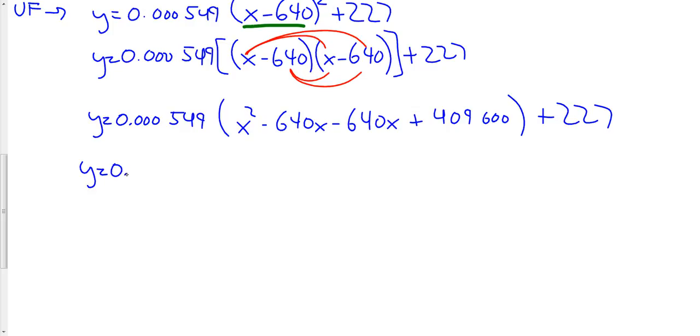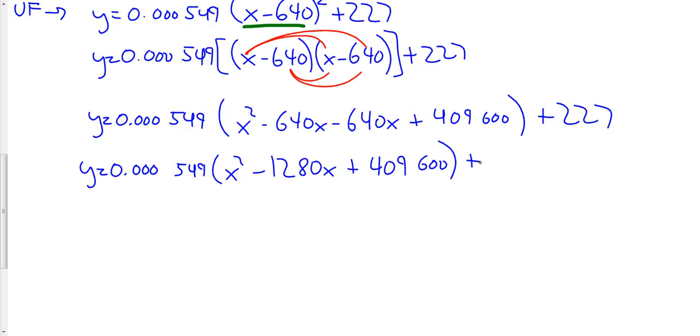So 0.000549 times the quantity x squared minus 1280x plus 409,600, with 227 at the end.